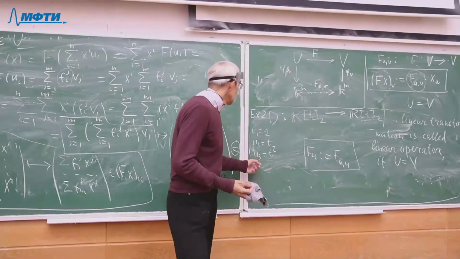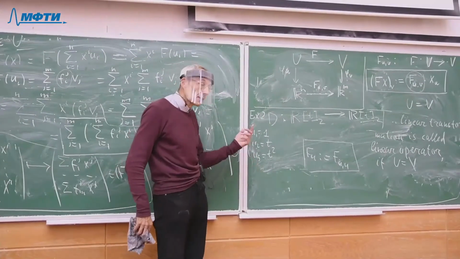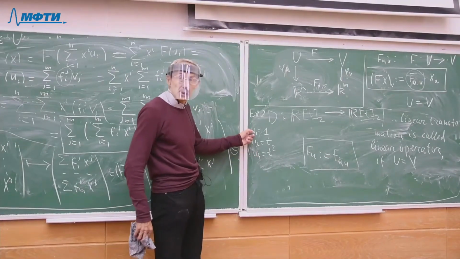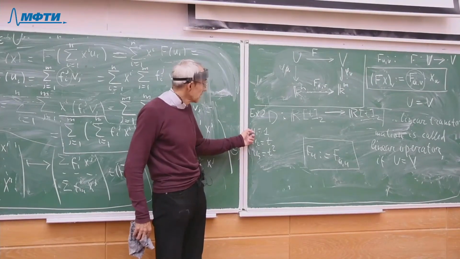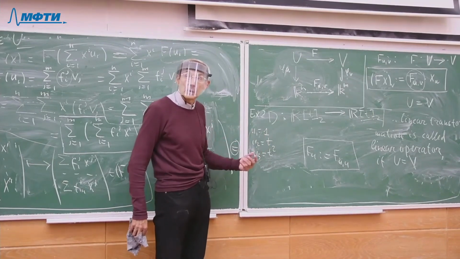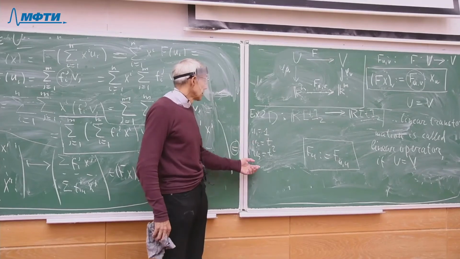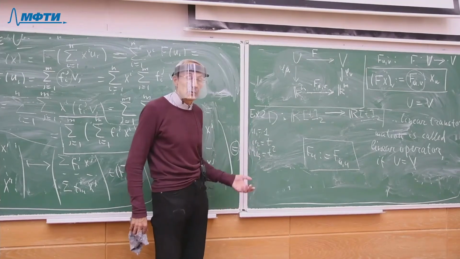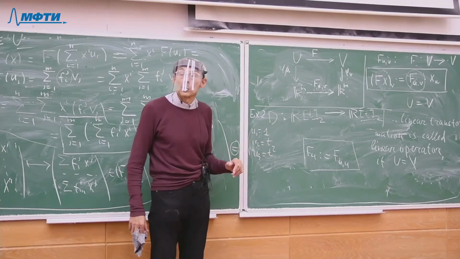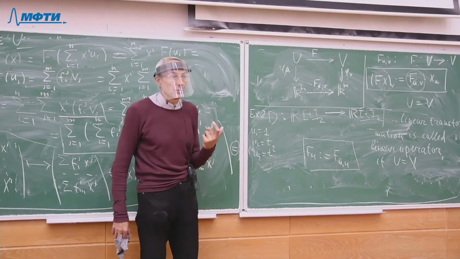I will do the same in our example. I apply our linear operator to the first vector and decompose the image in terms of the basis vectors of this vector space. In this example, domain and codomain coincide, so I have only one basis.